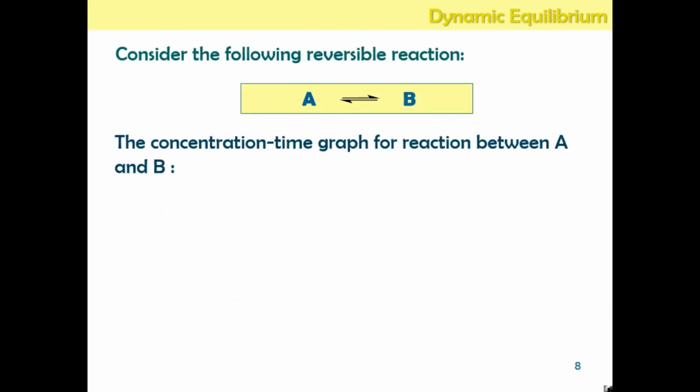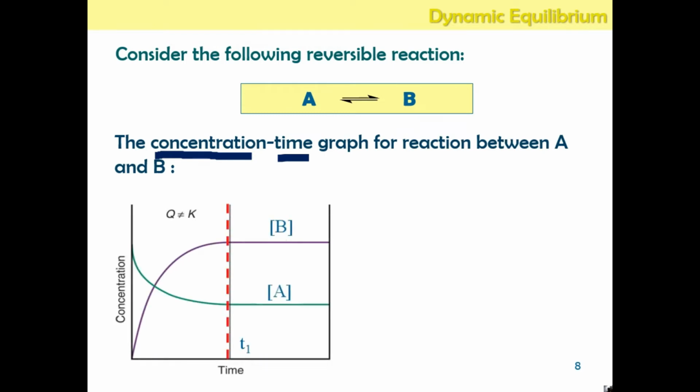Consider the following reversible reaction. The concentration-time graph for the reaction A and B. This axis is the concentration and this is the time.